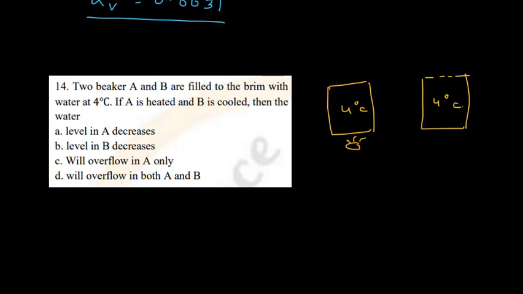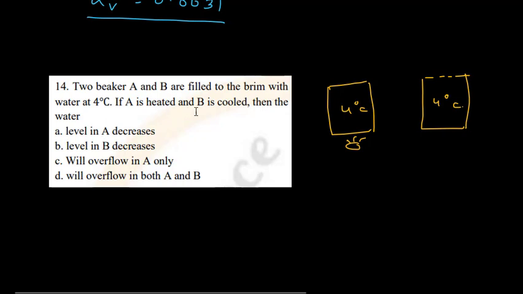So below 4 degrees Celsius its volume increases, and above 4 degrees Celsius its volume is also more. So at 4 degrees Celsius its volume is minimum. If I decrease the energy, it will expand, and if I increase the energy, it will also expand. This is the anomalous behavior, right?